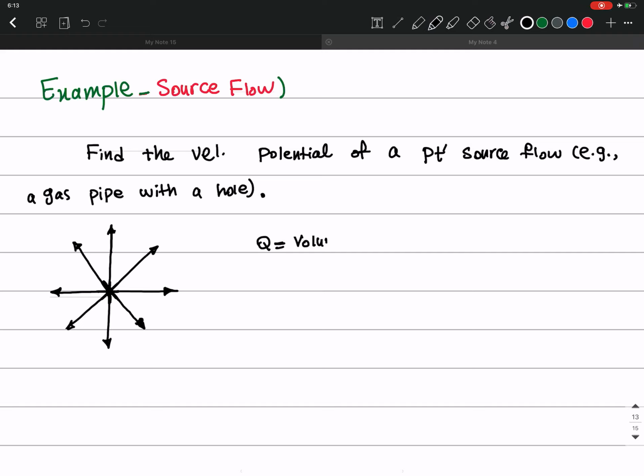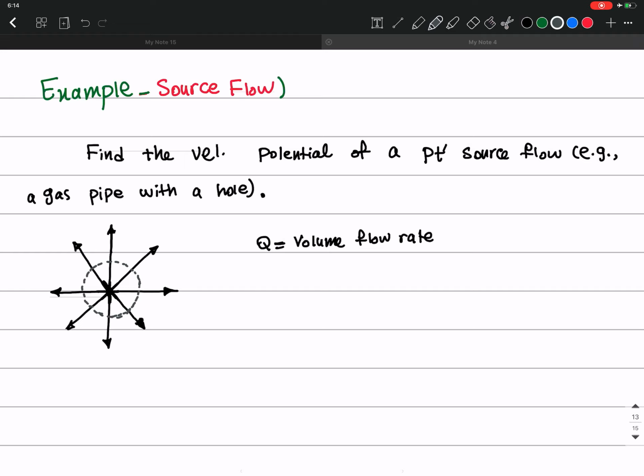So the volume flow rate that we show with Q at each radius R is constant, because if you have a hole in a water pipe or gas pipe, the volume flow rate going out is kind of constant.